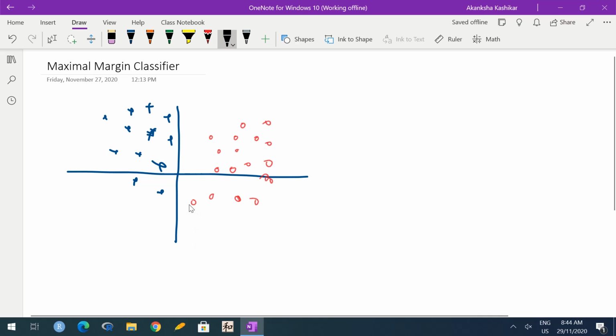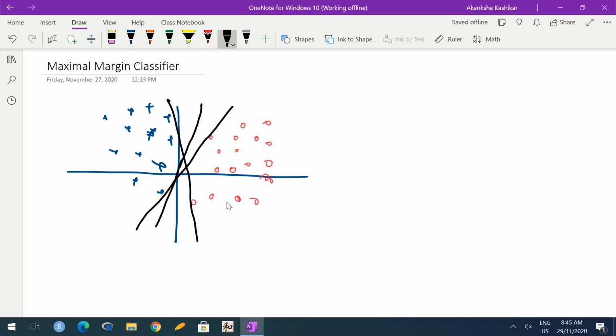So if I ask you, give me a classification rule, you might give me something like this. Assume this is a straight line. Now someone else might say, why this? I can draw something like this. Some other person might say, I can draw something like this.